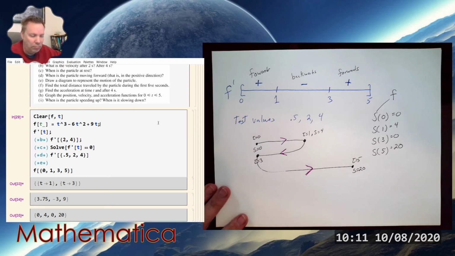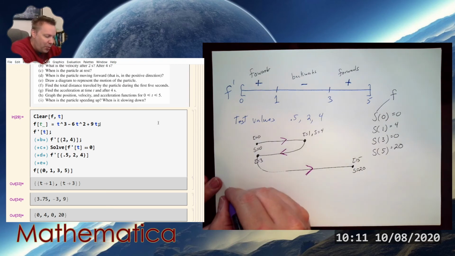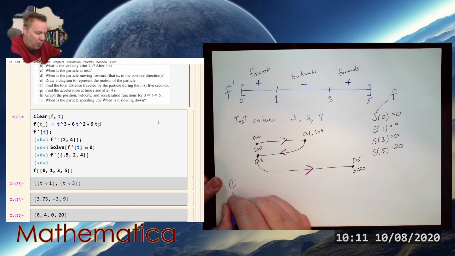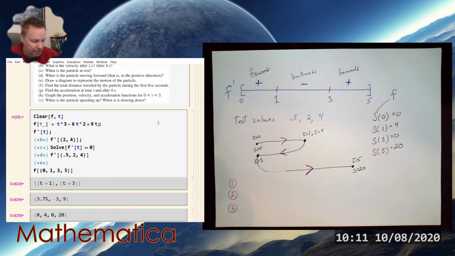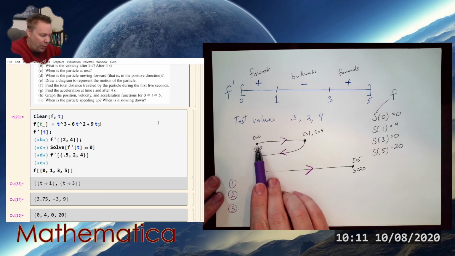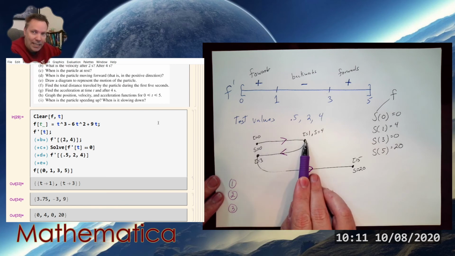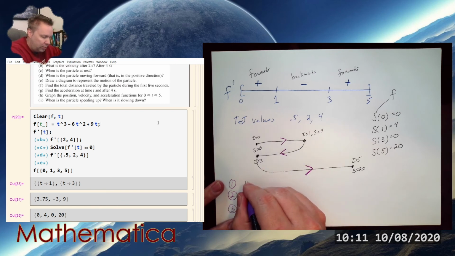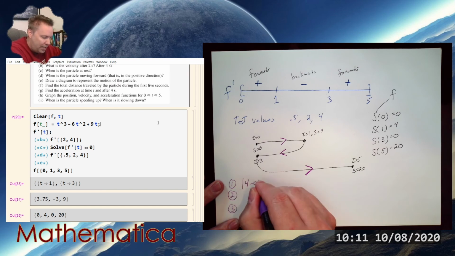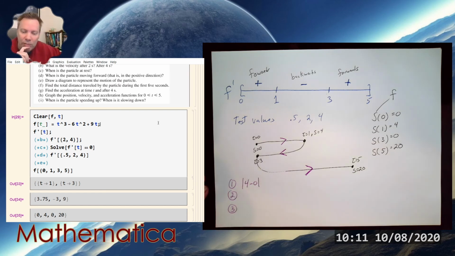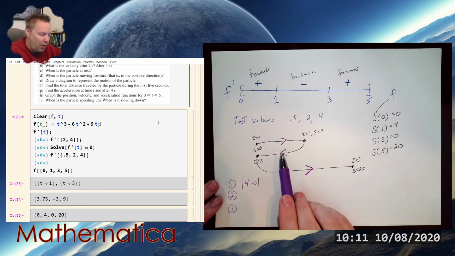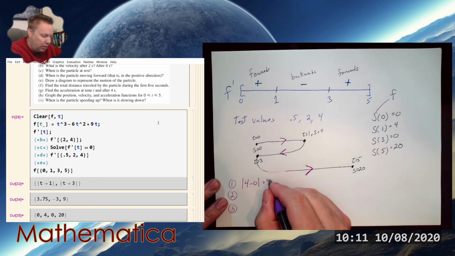So I have 3 parts of the trip: part 1, part 2, and then part 3. In part 1, it goes from s equals 0 to s equals 4. 4 minus 0, I'm going to take absolute values because I want to have a distance. So in this part of the trip, I travel a total of 4 units.